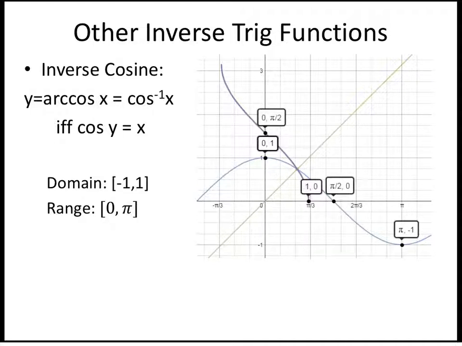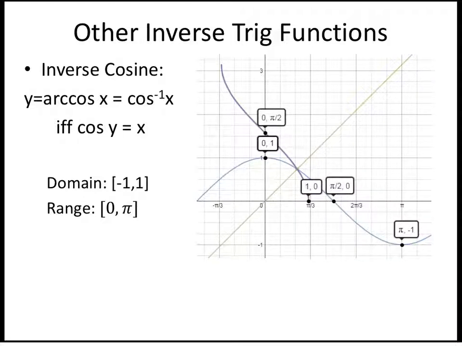Now my range is going to be a little bit different for this. So arc cosine actually has a range from 0 to pi. And you can see this here from 0 up to pi, 3.14. Okay? Now, my magic points that get reflected over are 0 to 1 and this section down here.